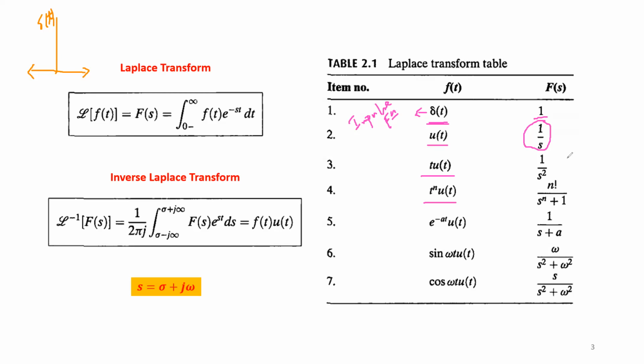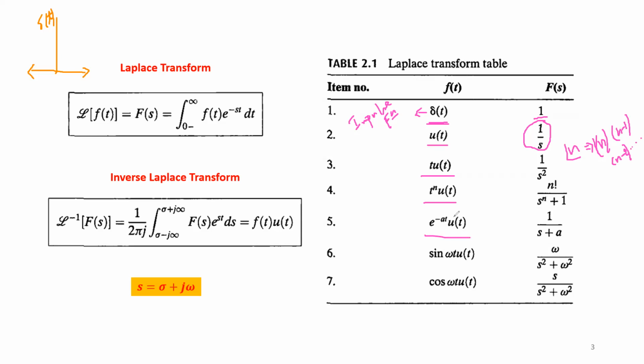This means n times n minus 1, times n minus 2, and it will continue like this. This is factorial. So t to the power n u(t) gives n factorial over s to the power n plus 1.